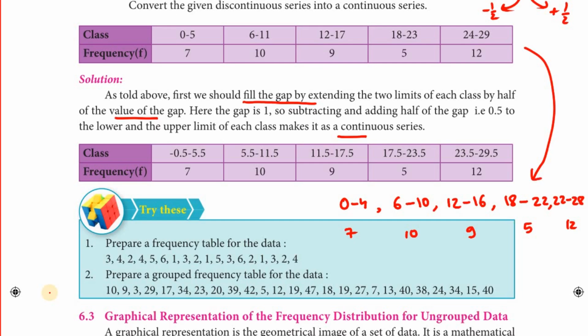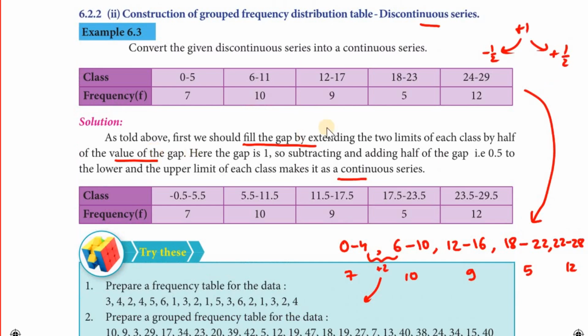How will you convert this? Look into the gap. What's the gap? The gap between 4 and 6 is 2. So we are going to do the same thing that we did previously. Previously the gap was 1, so we did minus half and plus half. Now since the gap is 2, half of 2 is 1, so we will do minus 1 and plus 1.